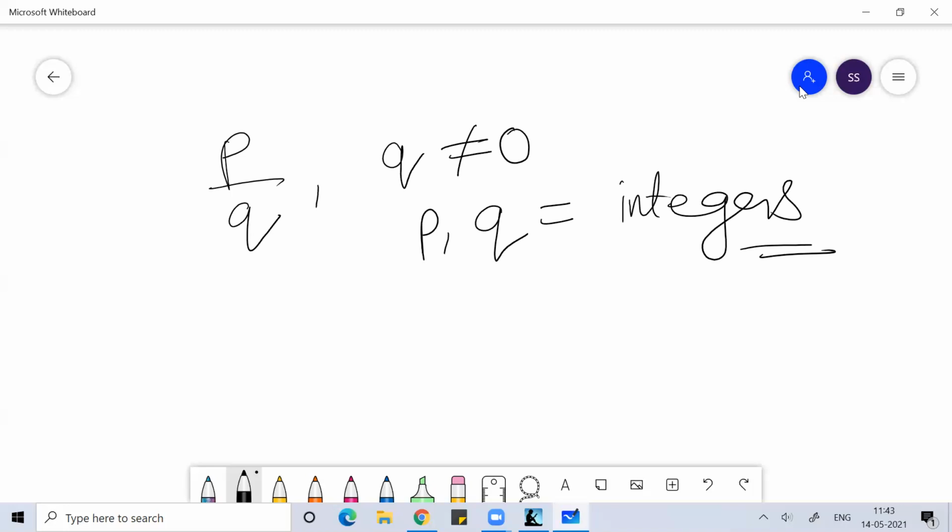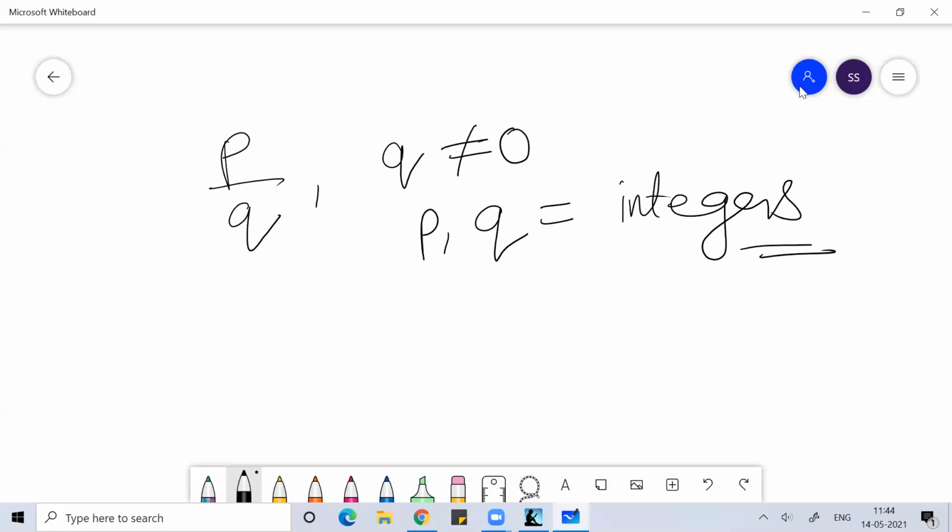Sir, I think integers can be defined as numbers that can be written without a fractional component. What do you mean by that? For example, you can write it as 2140.